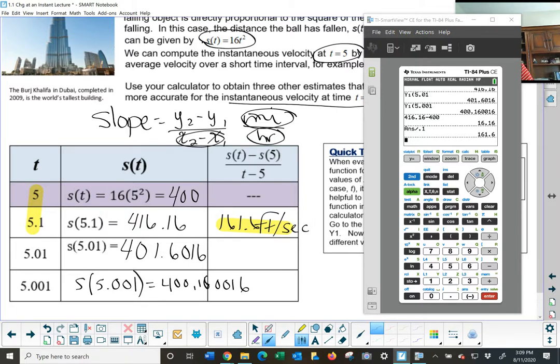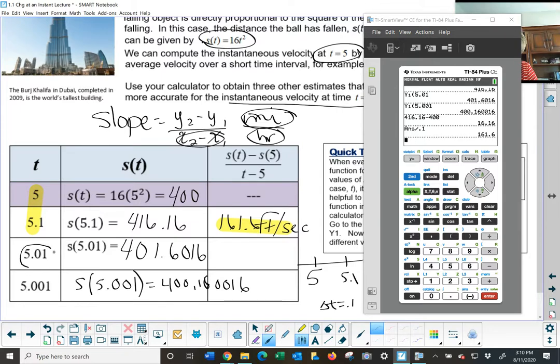Okay. Now, what if I wanted to get more accurate? Well, then we had from 5, I'm trying to draw like a number line, to 5.1. And we had a change of time, change of t was 0.1. What if I reduced that down?